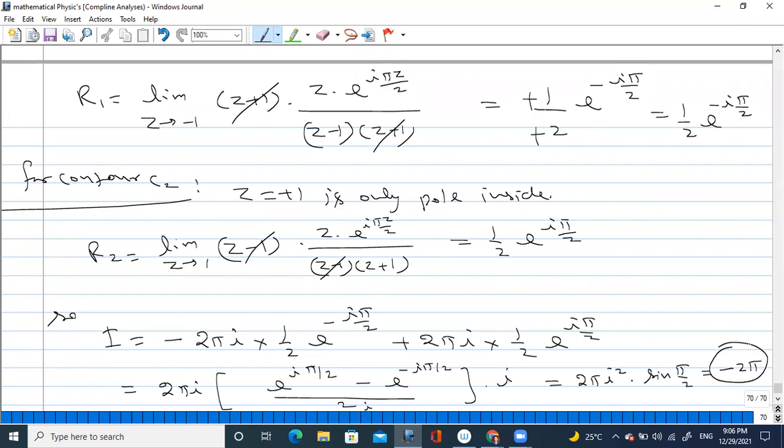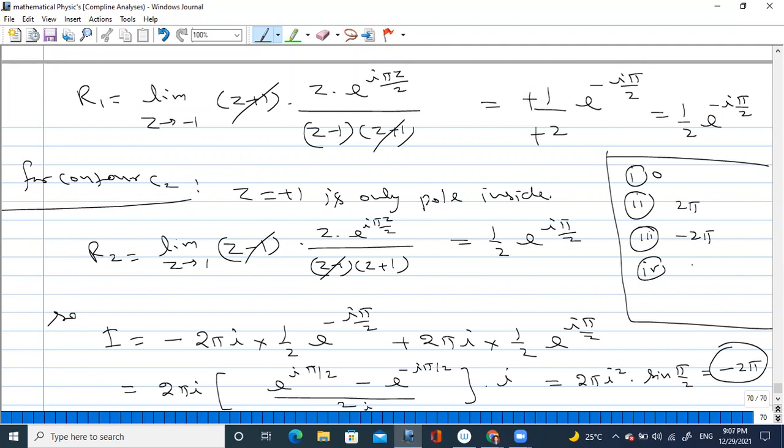And in the options, plus 2 pi is also there. The 4 options are 0, 2 pi, minus 2 pi, 4 pi. So this one will be the answer.